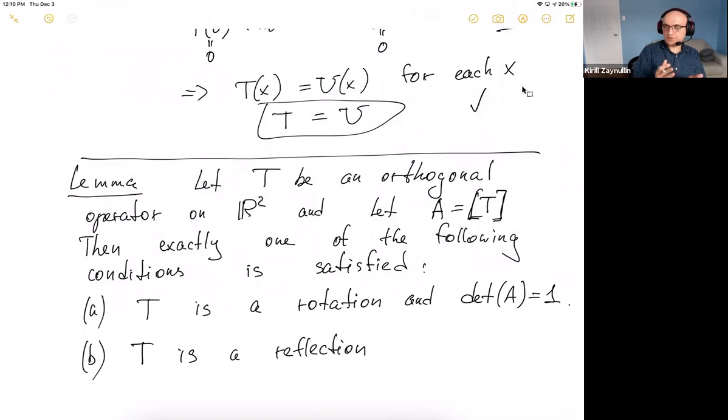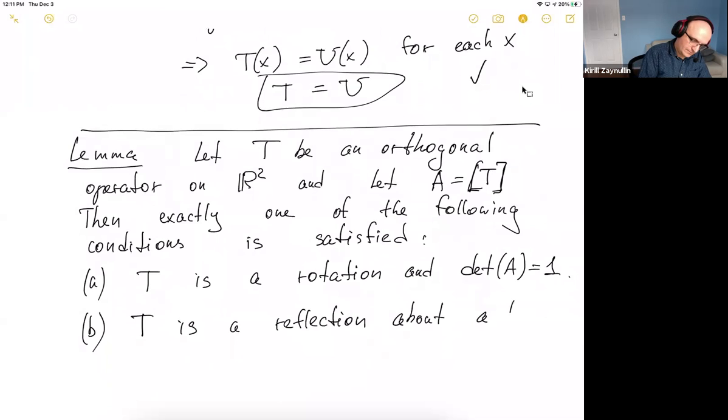A reflection is just a reflection about a line through the origin, right? In which case, the determinant has to be -1.